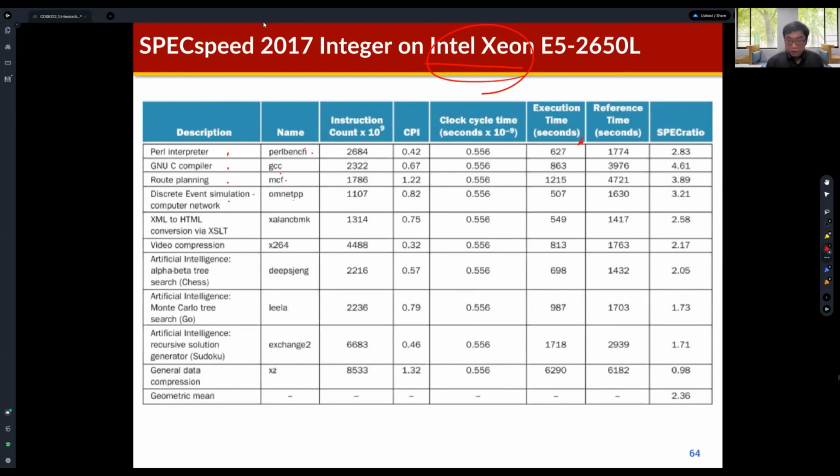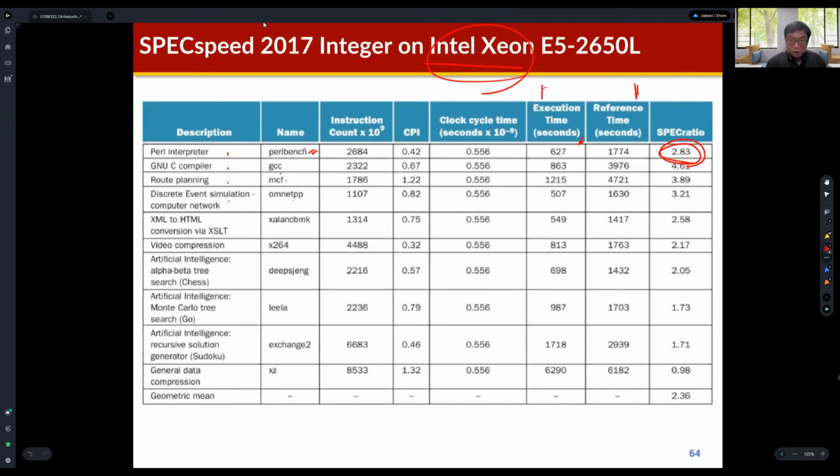And what is this column? This is the reference time, which means the execution time of this application on the reference CPU. And we can calculate this ratio. How can you calculate this ratio?